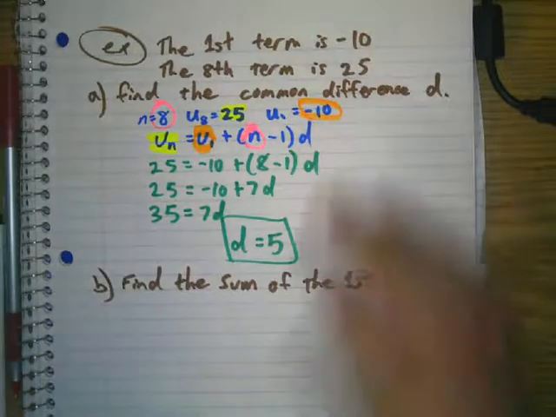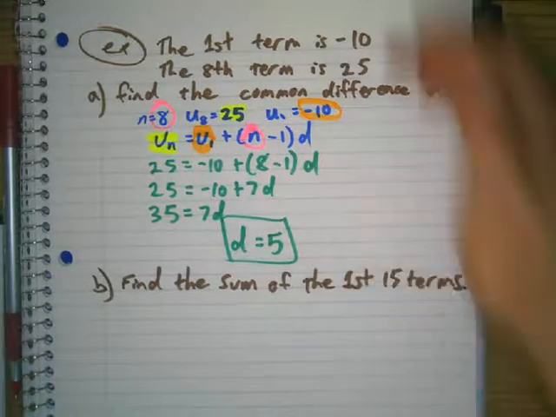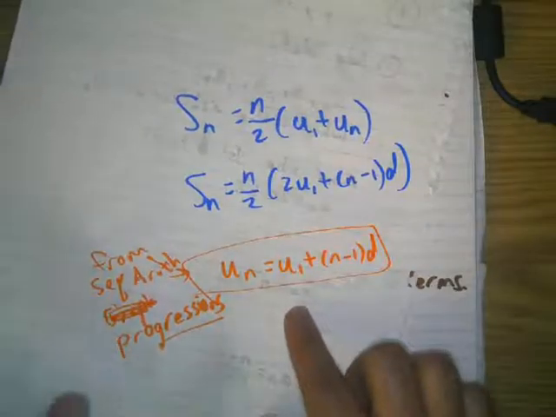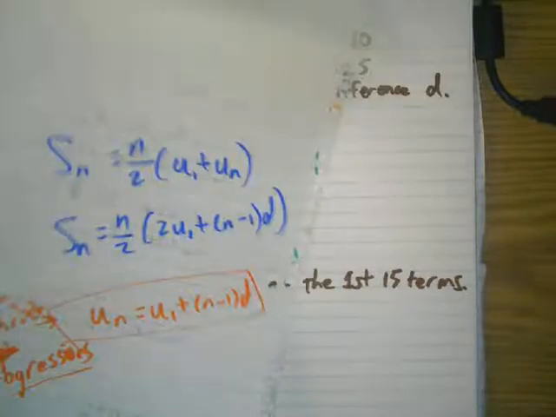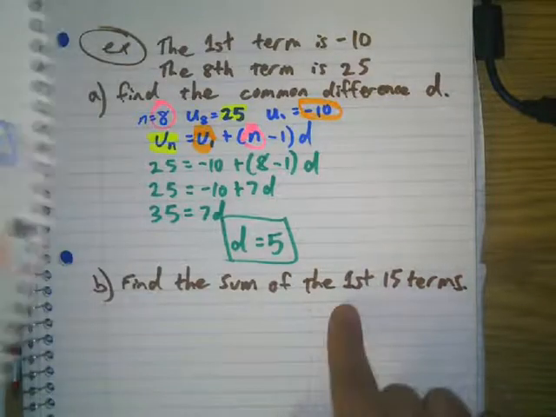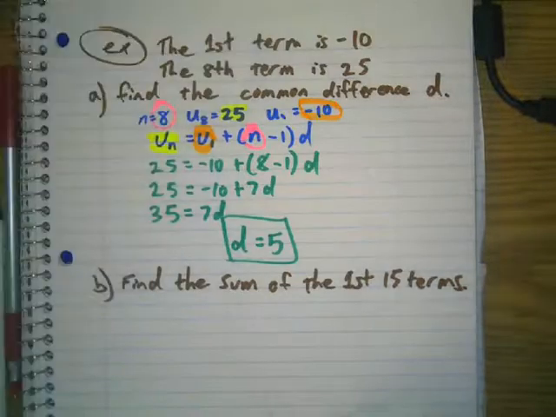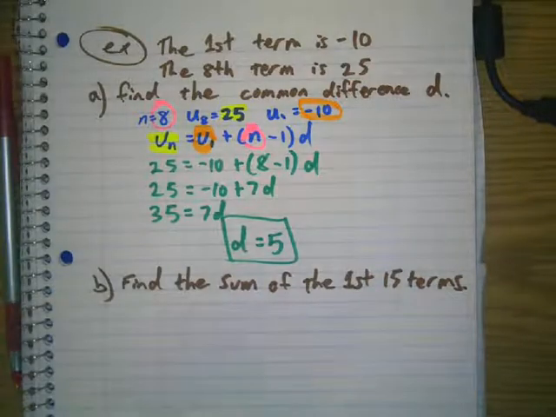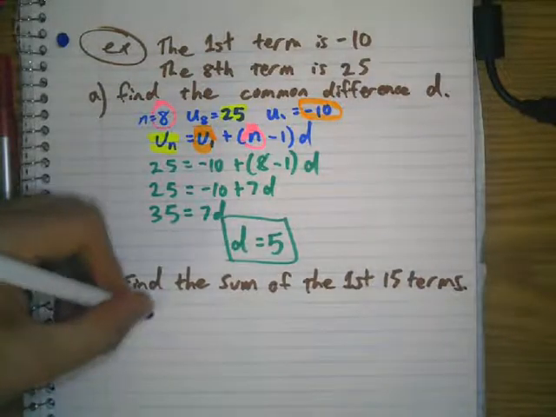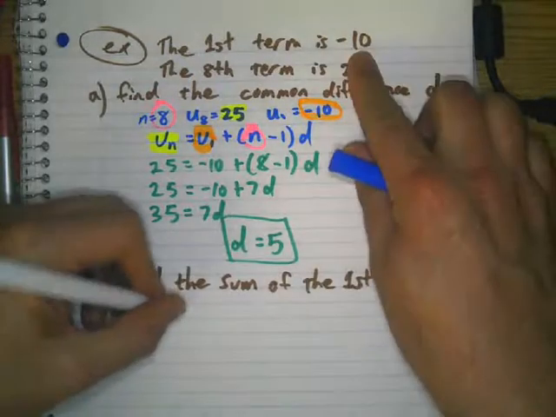Now, find the sum of the first 15 terms. Now that I've found d, given this information, let's see, I don't know the last term, do I? So I need to use the second formula, don't I? Okay, so let's write down our given information. We know u sub 1 is negative 10.